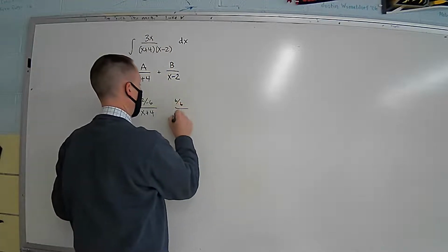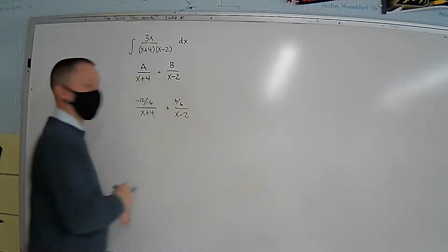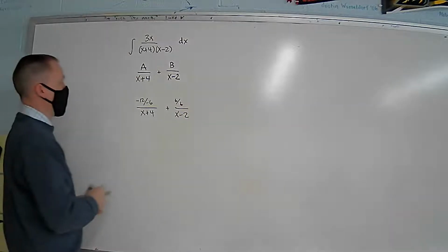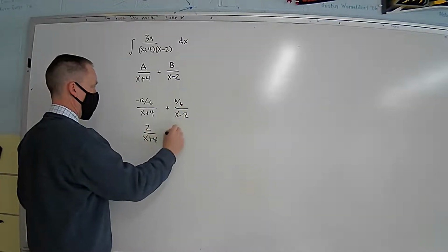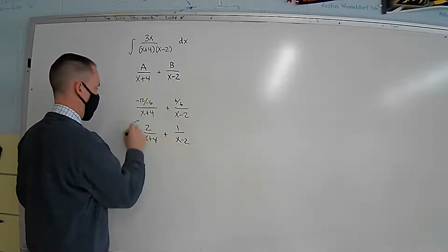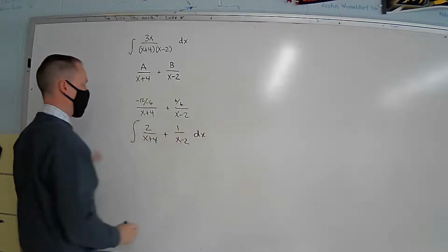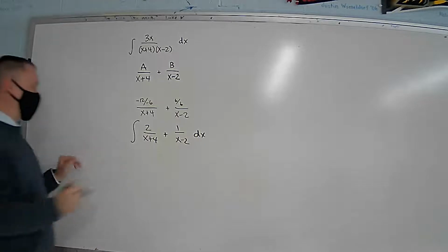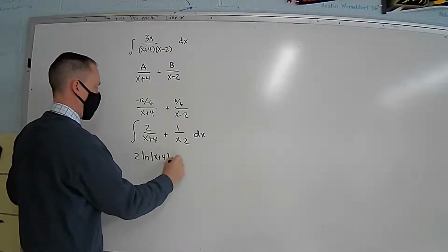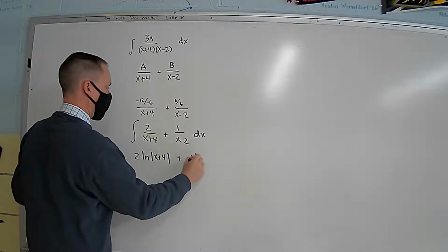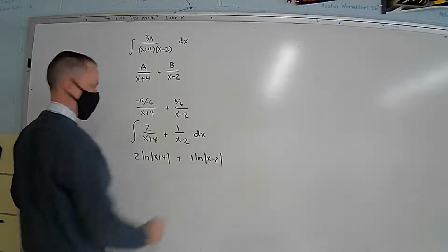That's 1. So we're good there? So this ends up being 2 over x plus 4 plus 1 over x minus 2. Now we can integrate this. So this ends up being 2 natural log of x plus 4 plus 1 natural log of x minus 2.